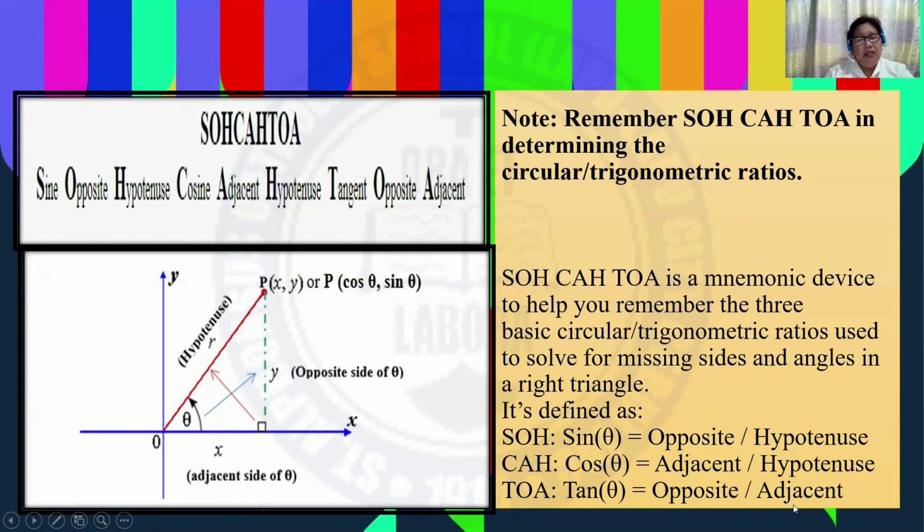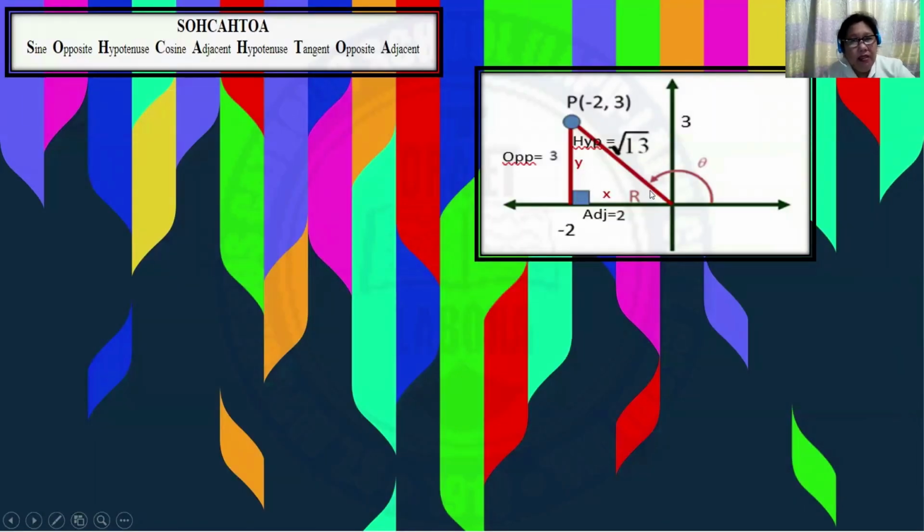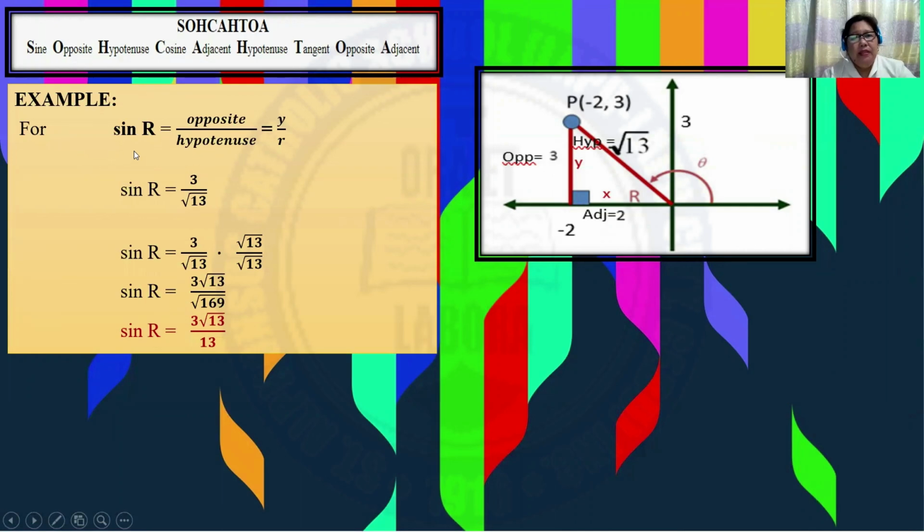The other 3 are simply reciprocals, so all you have to do is take the reciprocal of the ratios. So again, using the figure given earlier, for example, you have sine R, which is opposite over hypotenuse, equivalent to y over r. Y is 3 here, and r is square root of 13, so it's 3 over square root of 13.